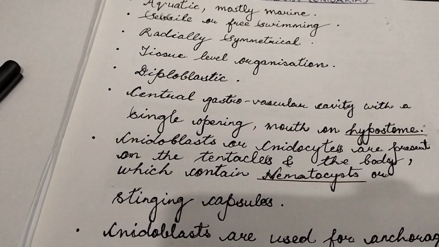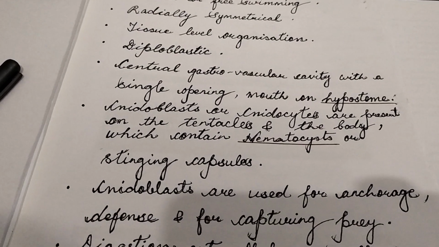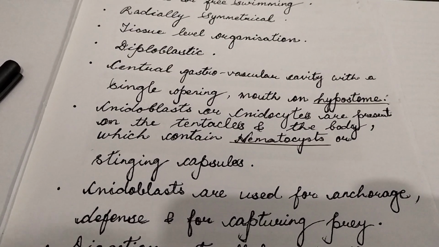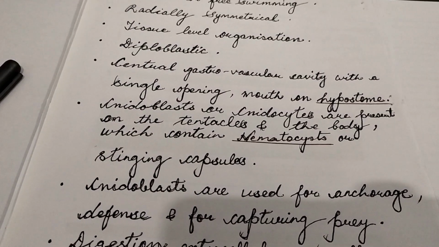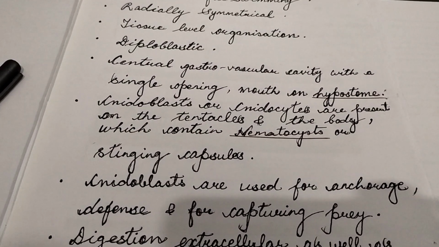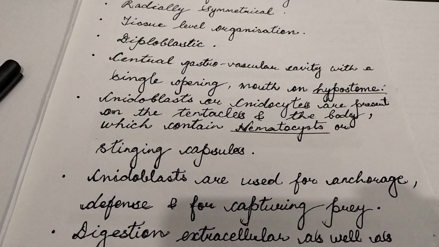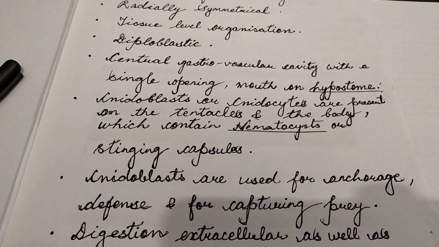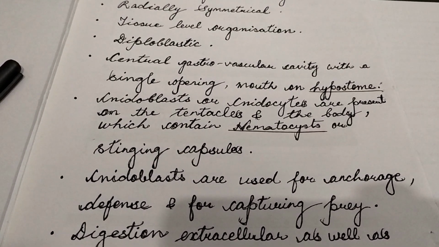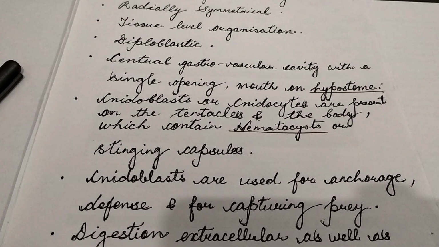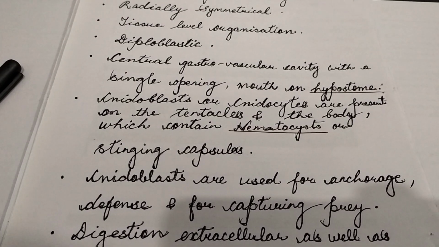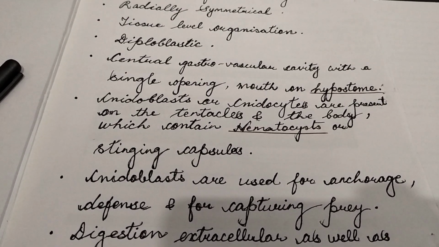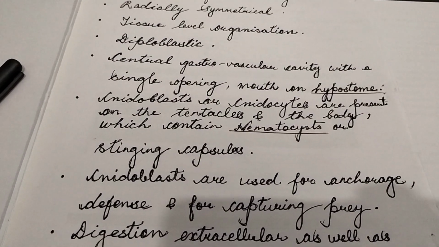Next character, cnidoblasts are used for anchorage. Just now I told you, what is the function of these nematocysts present on the tentacles? Cnidoblasts present on the tentacles are specific types of cells. They are used for anchorage, defense, and for capturing prey.